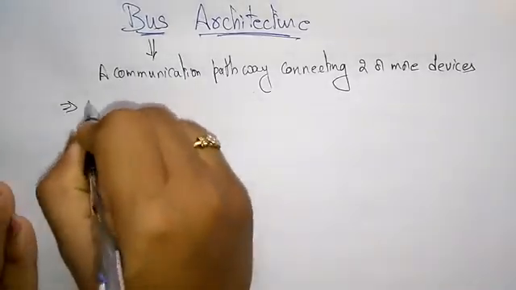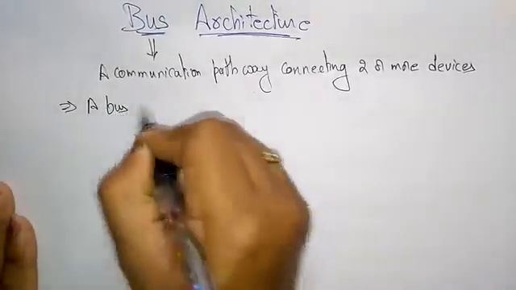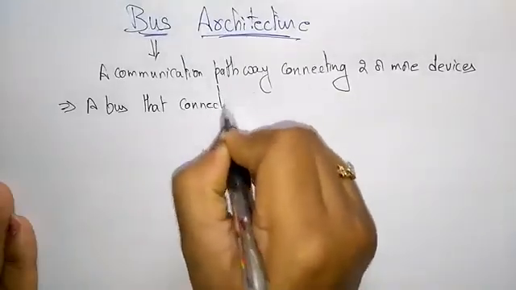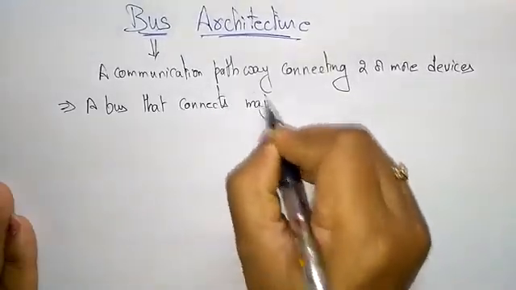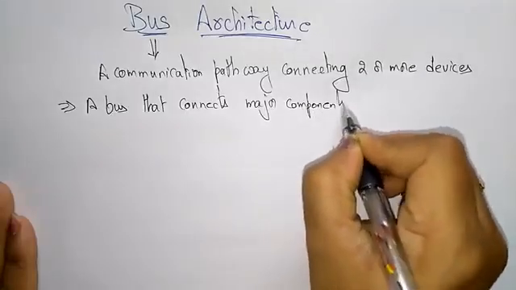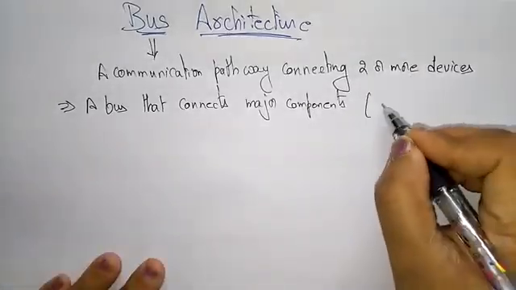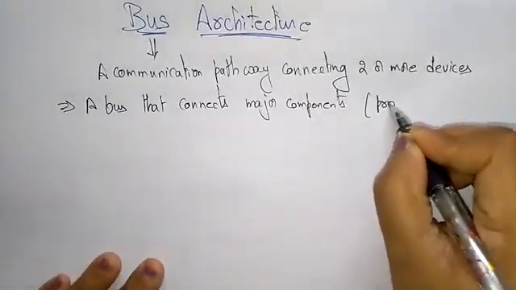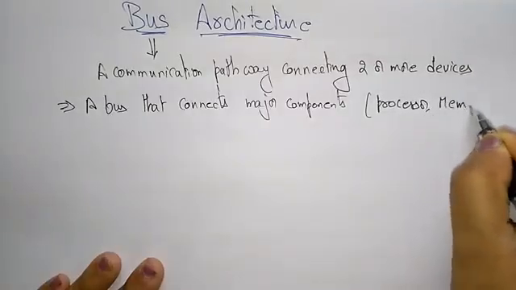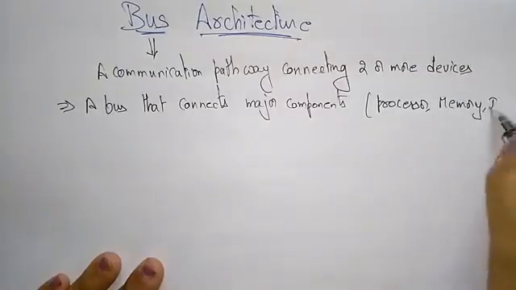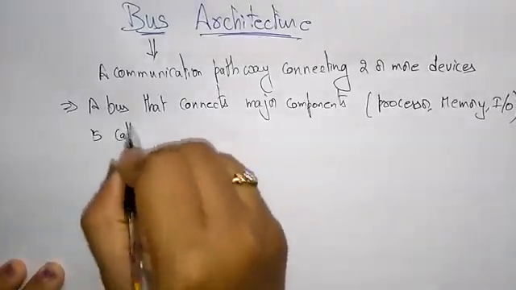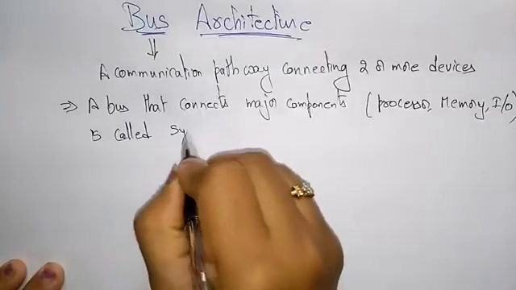So a bus that connects major components. So what are the major components in the system? The major components are processor, memory, input-output devices, and that is called the system bus.